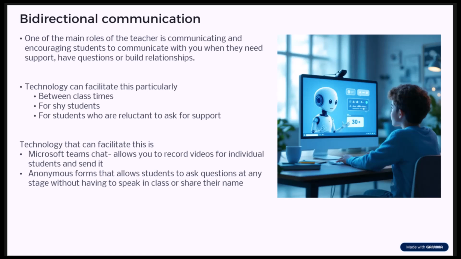Technology can facilitate communication between class times, so it allows students to contact teachers outside of core lessons. It's important for shy students or for students who might be reluctant to ask for support. Technology can do this or support it.